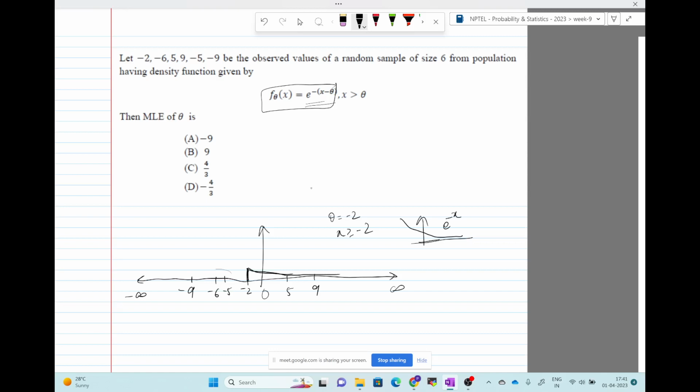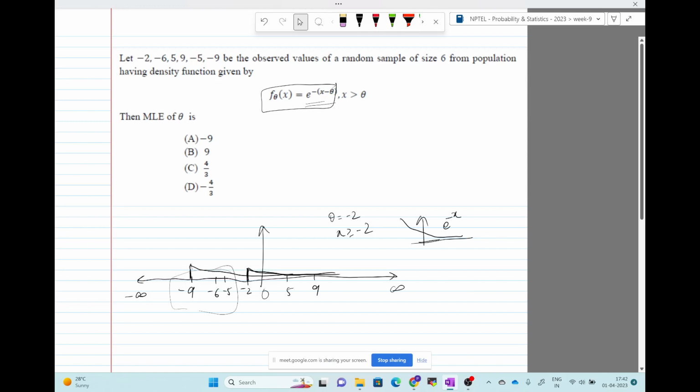If everything is 0, then that distribution cannot generate these samples, no? Only if the distribution is of this kind will it generate all these samples. Now this is the maximum point.